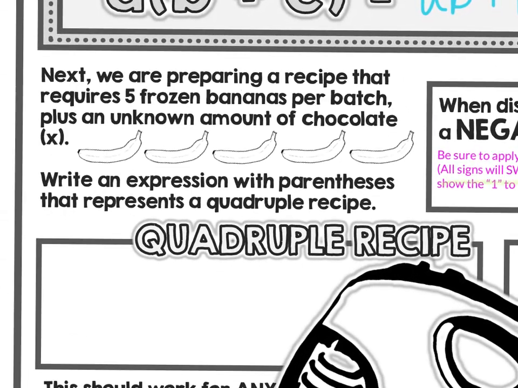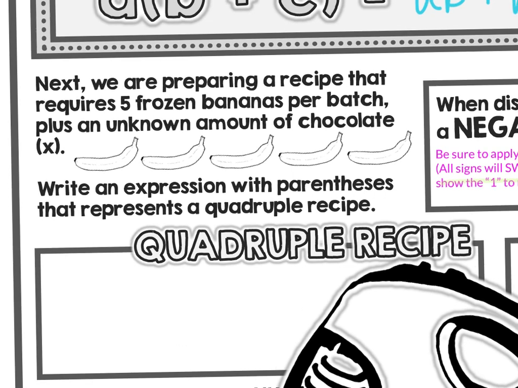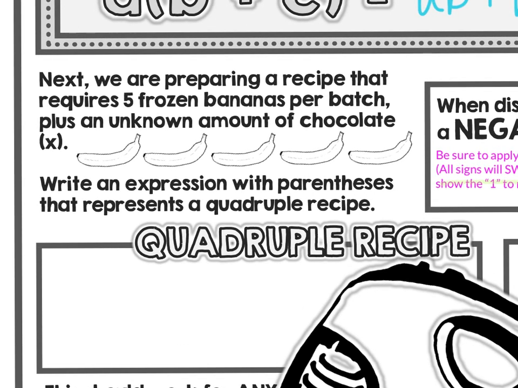Okay, so now we're going to relate this to a recipe. We're preparing a recipe that requires 5 frozen bananas per batch, plus an unknown amount of chocolate, which will use the variable x. You're going to write an expression with parentheses that represents quadrupling the recipe.